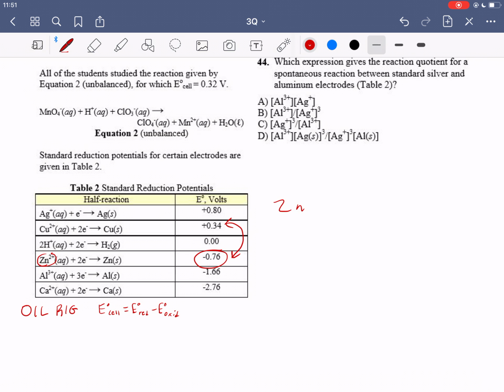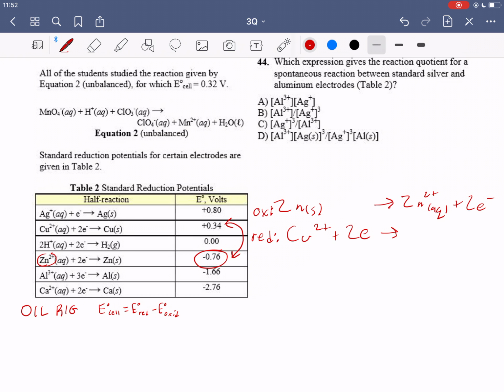So I have my oxidation reaction, which is my zinc solid going to zinc 2 plus, which is an aqueous solution compound, and then 2 electrons. And then my reduction reaction. So notice what I did: I flipped the half reaction that was inside the table because zinc has to be oxidized. And then the reduction reaction would be copper 2 plus plus 2 electrons going to copper solid.